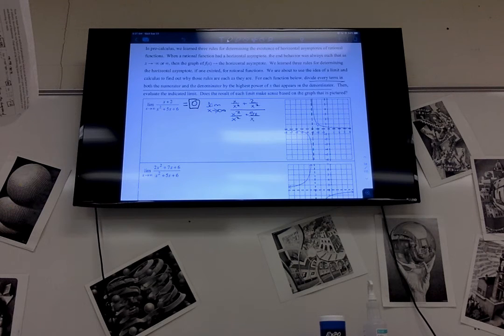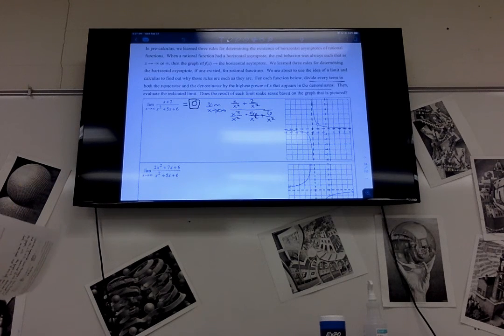Dividing x squared by x squared is just going to cancel out. As long as we're dividing everything by the same thing, we're not changing anything. We're just changing the way it looks.